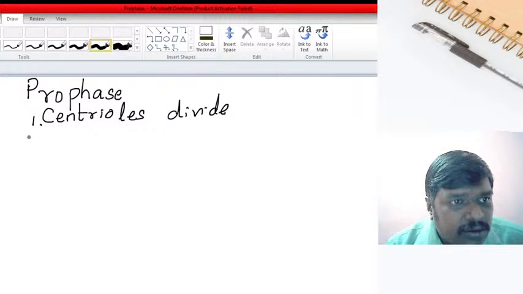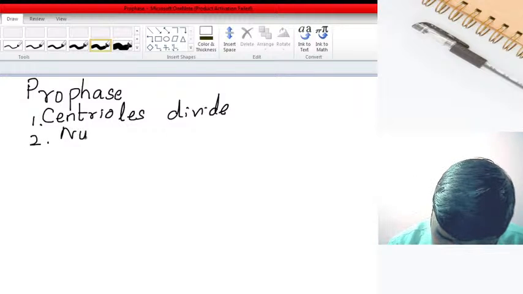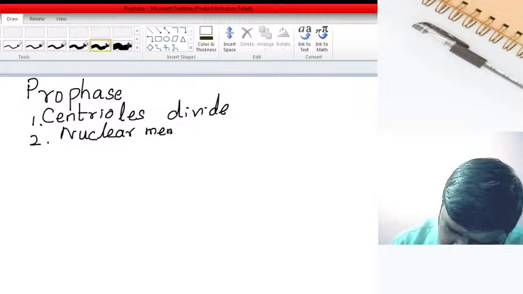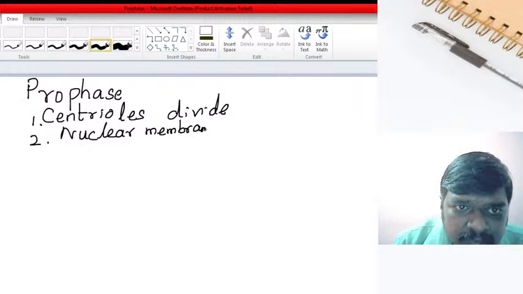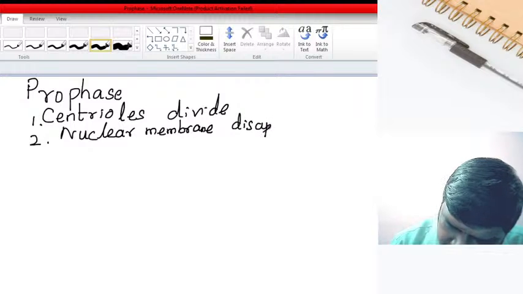Point number 2, nuclear membrane disappears.